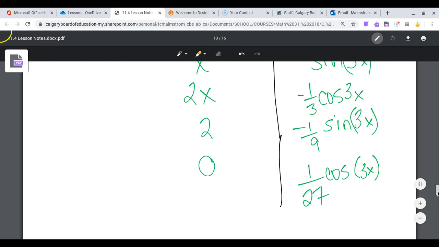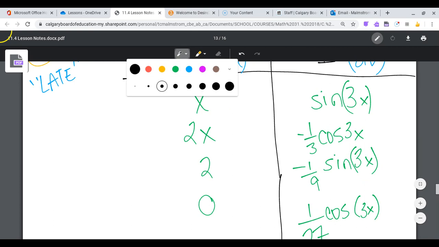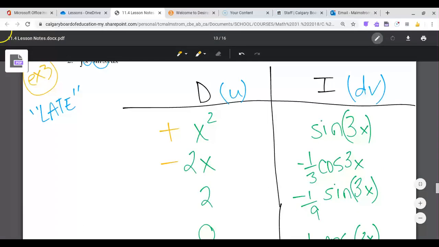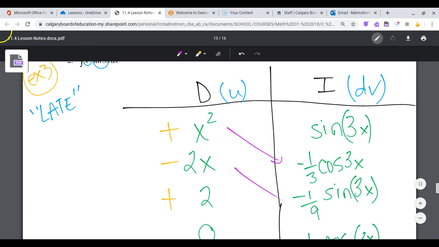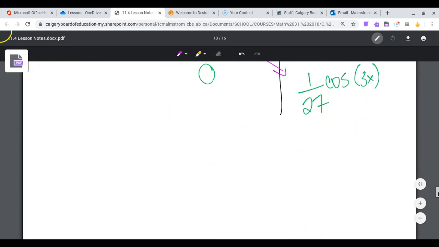Then we're going to multiply on the diagonal, and it's really helpful just to put your signs in right away. So we go positive, negative, positive, and then we multiply these on the diagonal. Then you can take your signs from both tables and work through the math of those.